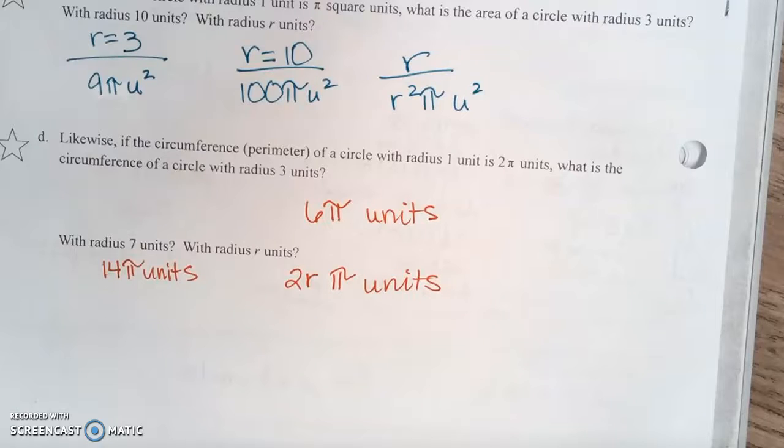If you have a radius of 7, we multiply it by 2, and it's going to be 14 pi units. Anytime you have any number, radius, or variable, you're going to multiply it by 2 and call it 2r pi units.